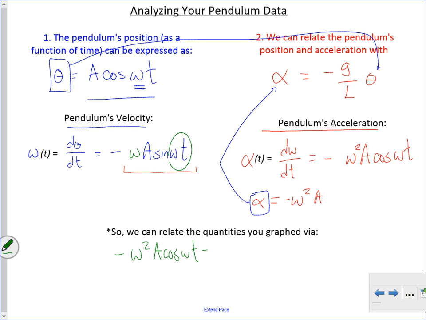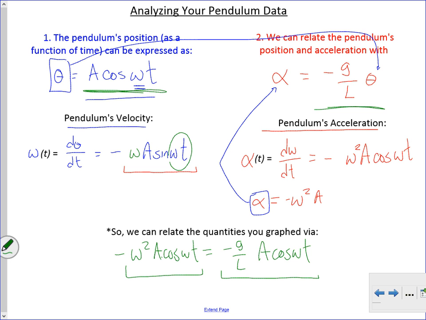Equals negative g over L theta, which is a cosine omega t. And look, yeah, the acceleration is proportional to the displacement, the position.